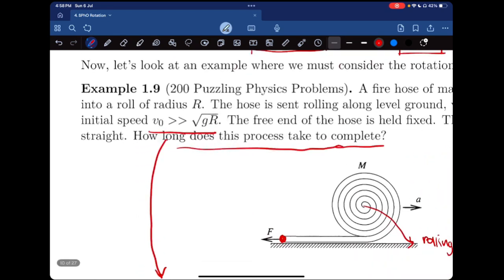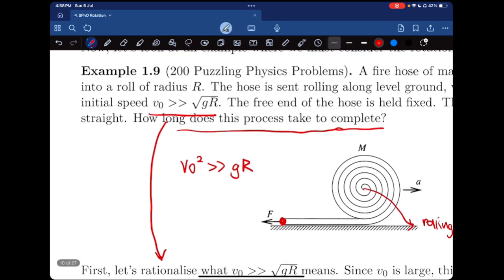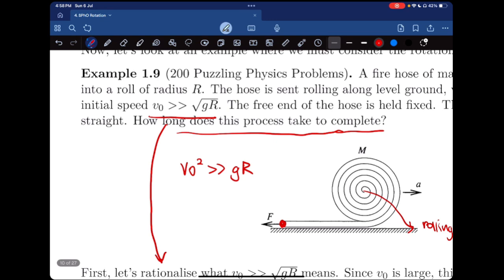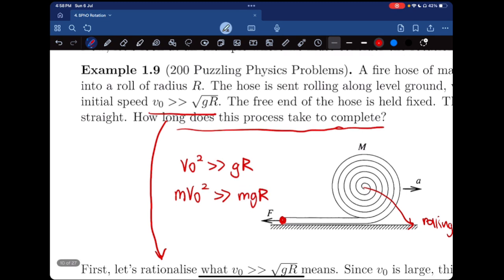So you know that this implies this by just squaring both sides, and if you multiply an m to both sides, this happens. Now, do both terms look familiar?